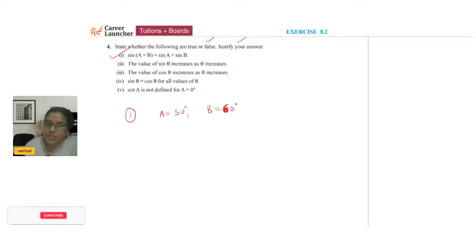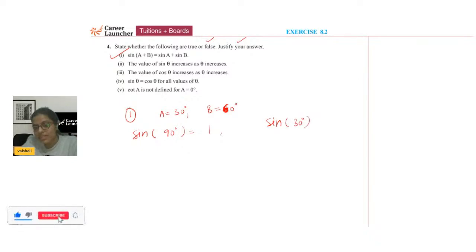So these are the two angles. Now what if I'm looking at sin(A plus B), which is 90. So sin 90 degrees is 1, but sin 30 plus sin 60 is how much?